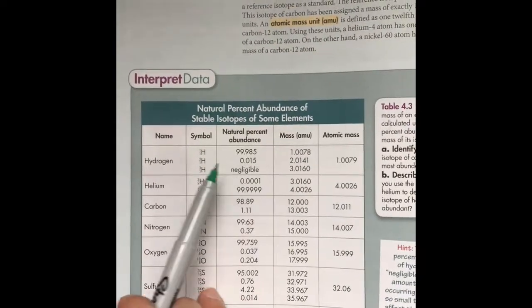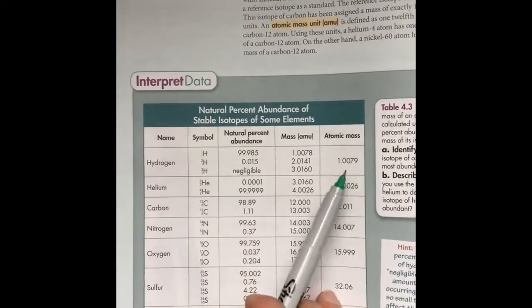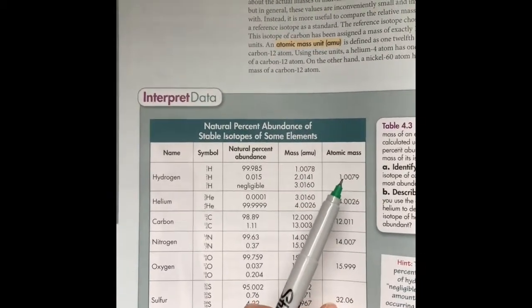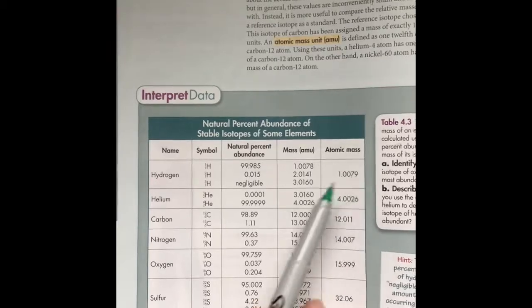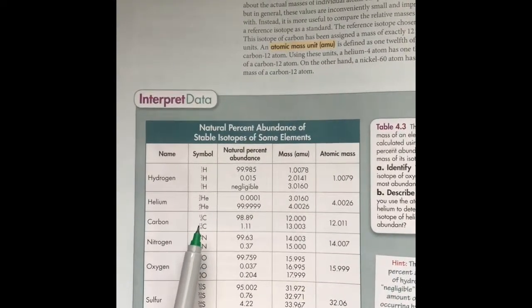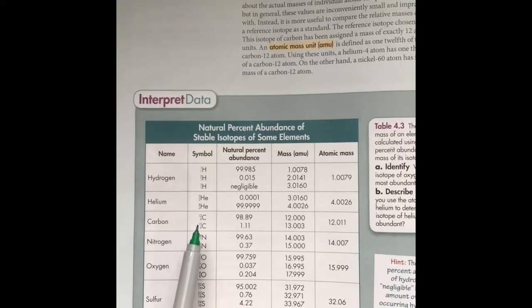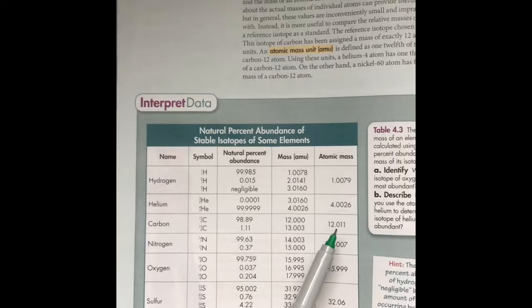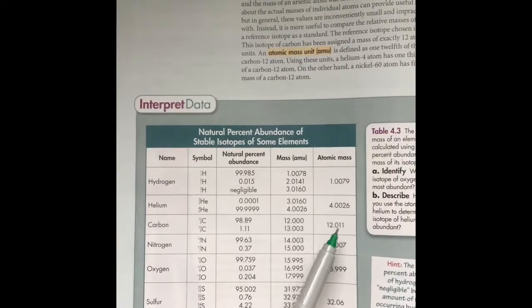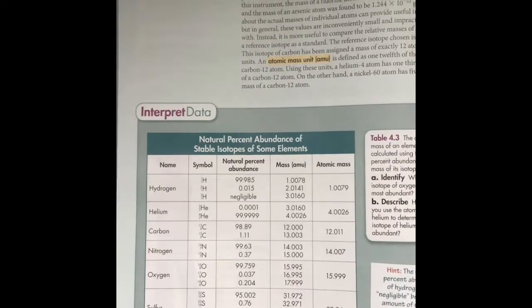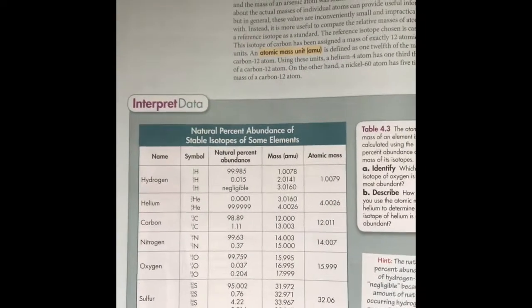So if we were to take the weighted average of those masses, that's how we arrive at the atomic mass of hydrogen being a little bit greater than 1. You can see there's carbon-12. There's also an isotope of carbon called carbon-13. So when we take the weighted average of those two isotopes, we arrive at the atomic mass of 12.011. And that's why the atomic masses are not perfect whole numbers, because of isotopes.